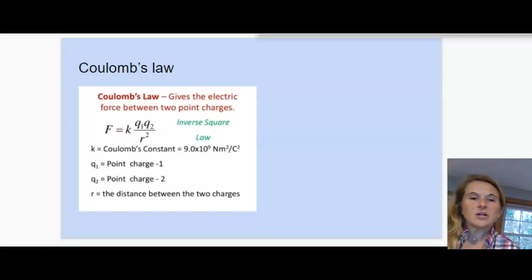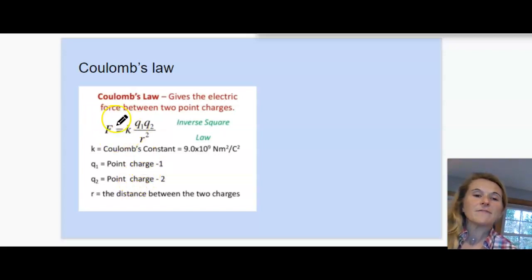Those 2 points can be a nucleus and the electrons that are orbiting that nucleus, or we can be talking about two atoms and the electric force between each other. Looking at Coulomb's law, we will not actually be using any calculations for it. We just want to understand its concept and be able to apply it to different situations.